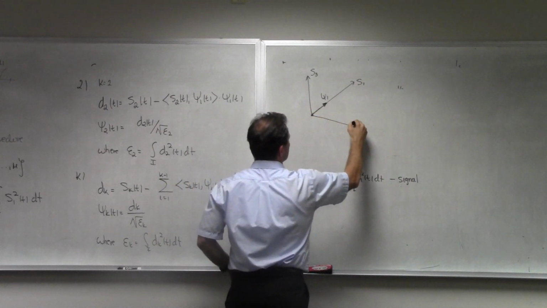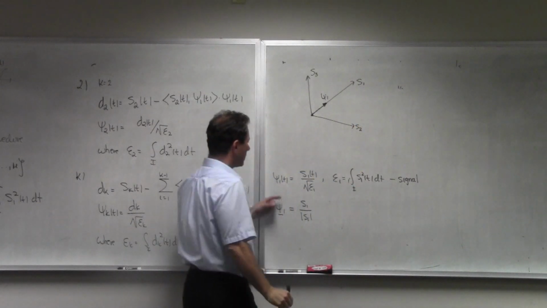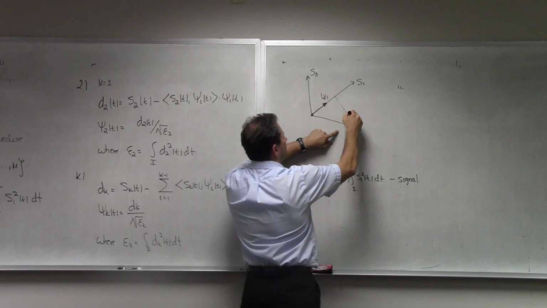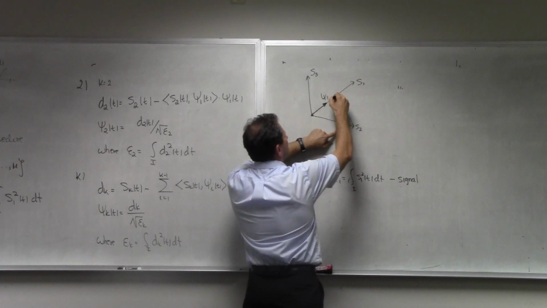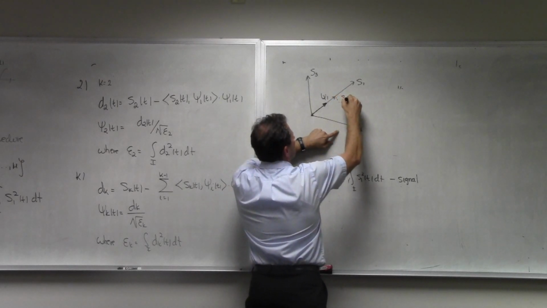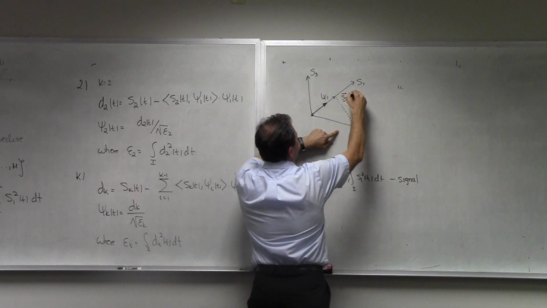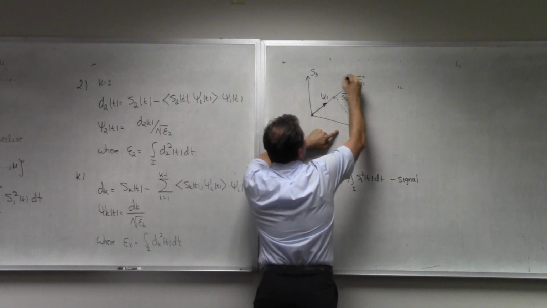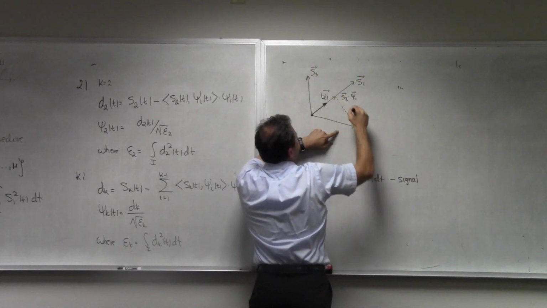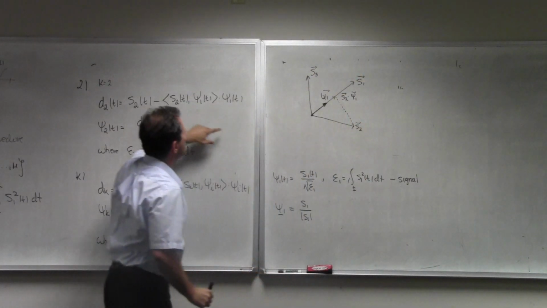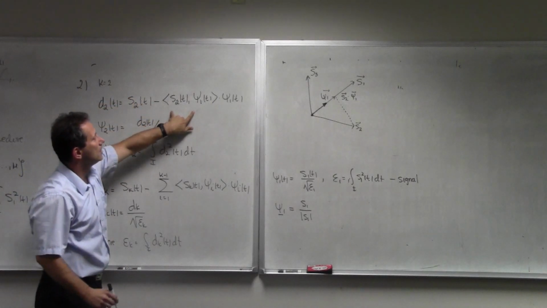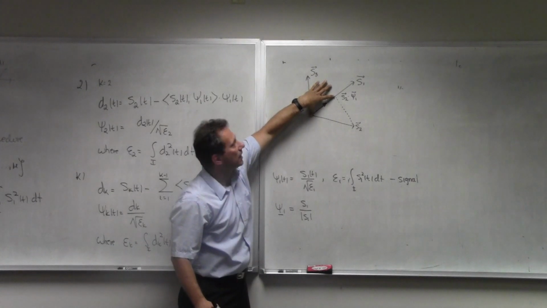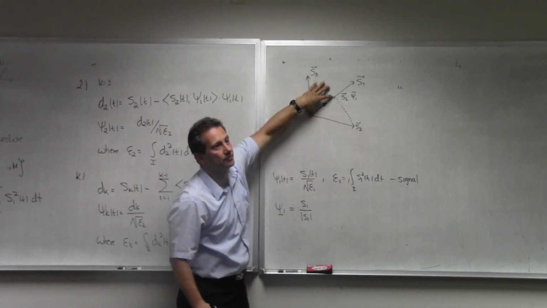Well, let's say this is S2. So now I grab this S2, project it to this. So this vector here is going to be S2 in dot product with psi1, right? So this is this piece. And I multiply that by psi1, so this is this length here, and I subtract that from S2.